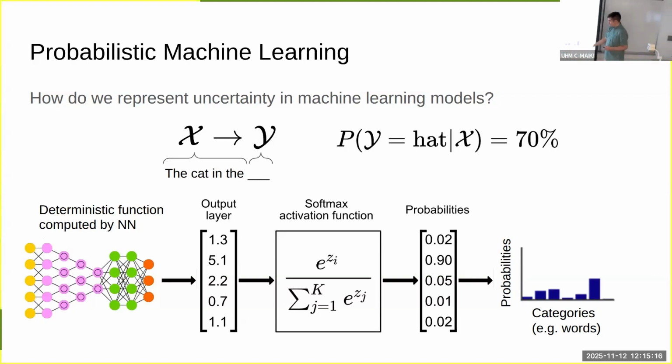So this gives you a probabilistic model that you can then sample from. It's relatively easy to see how a classification problem like this can be probabilistic using these deterministic neural network functions.